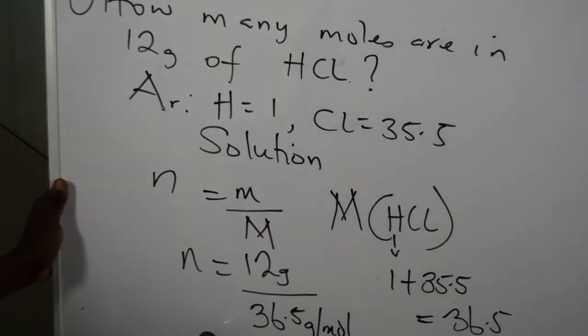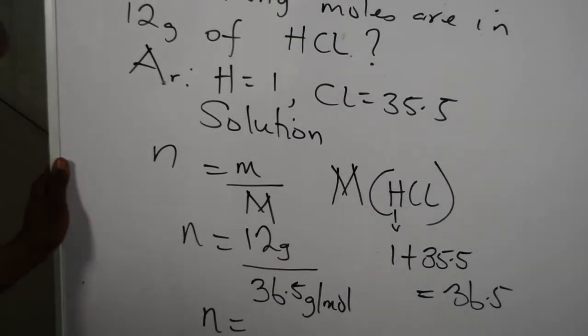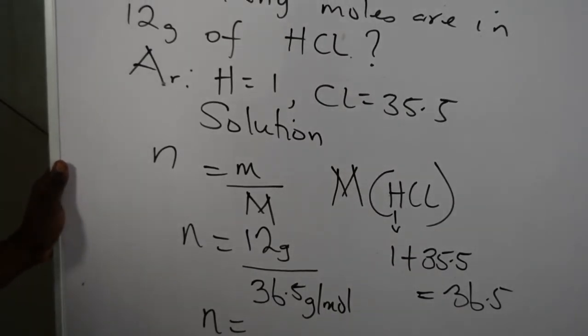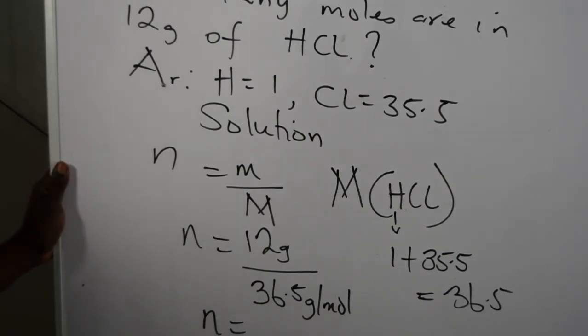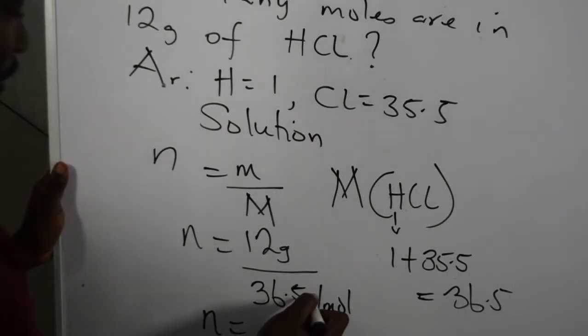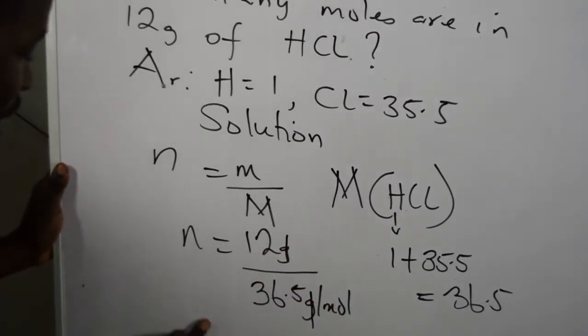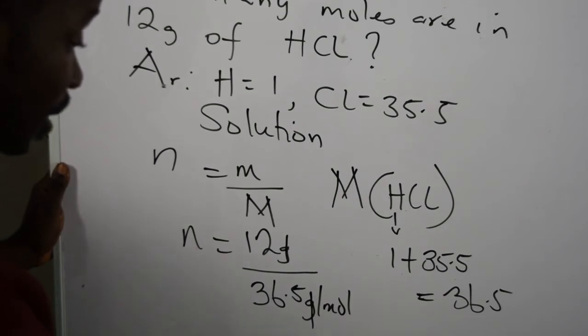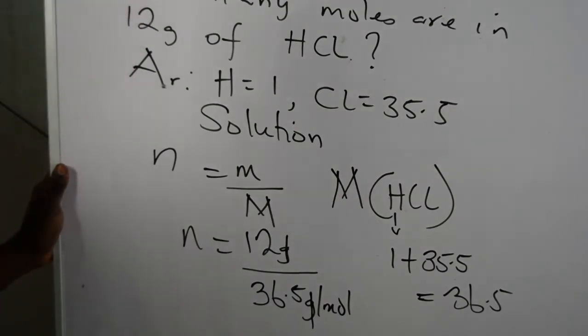Now I want you to pick your calculators and do this for me. 12 divided by 36.5. Don't forget the 0.5. Do it for me. The gram will cancel the gram. So any answer that you get, I'm going to leave it in moles, and that's the unit.